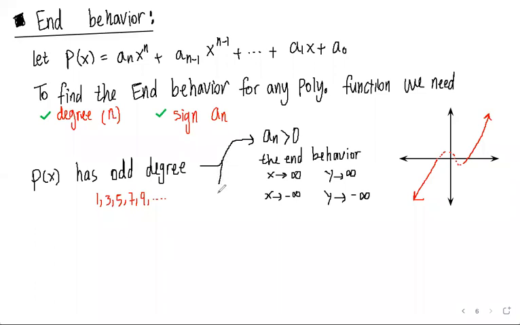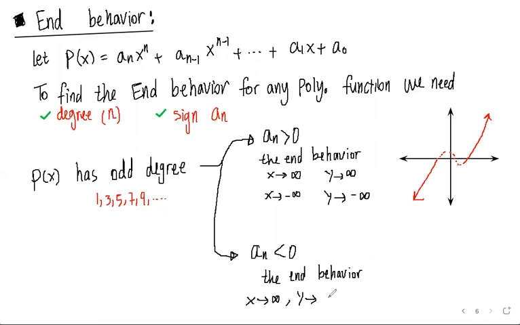For the second one, when a_n is negative, the end behavior is this: when x goes to infinity, y goes to negative infinity.